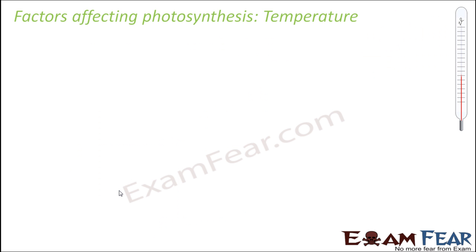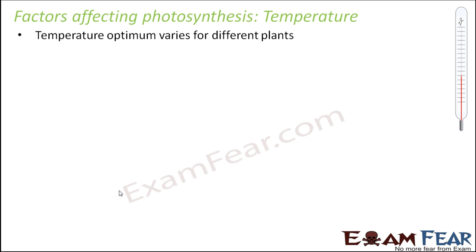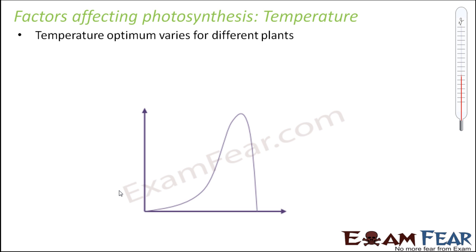Let us look at the next factor, that is temperature. The temperature optimum varies for different plants. It is seen that at low or medium light intensity and at a moderate temperature, the rate of photosynthesis is independent of temperature.